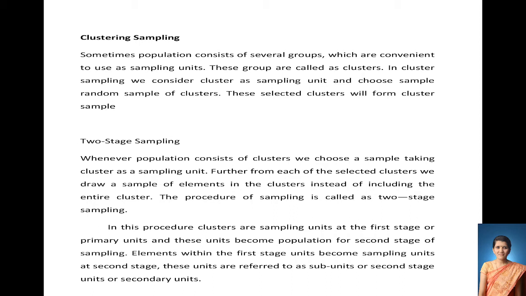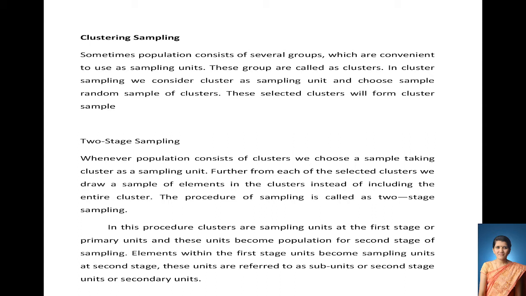The next type is two-stage sampling. This is the last of the sampling methods. Whenever the population consists of clusters, we choose a sample taking a cluster as a sampling unit. Further, from each of these selected clusters, we draw a sample of elements instead of including the entire cluster. This procedure of sampling is called two-stage sampling.